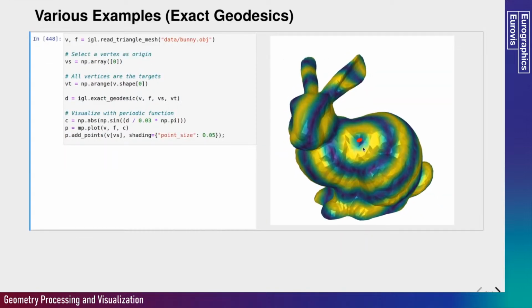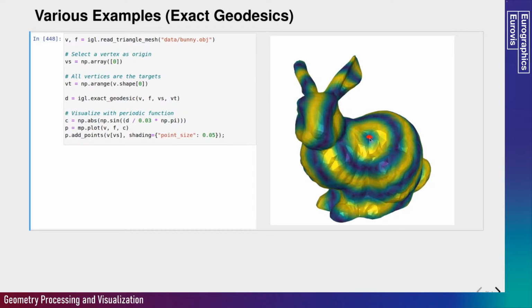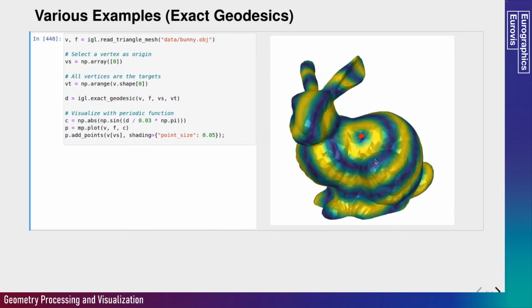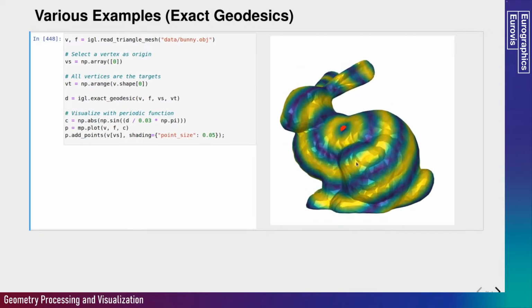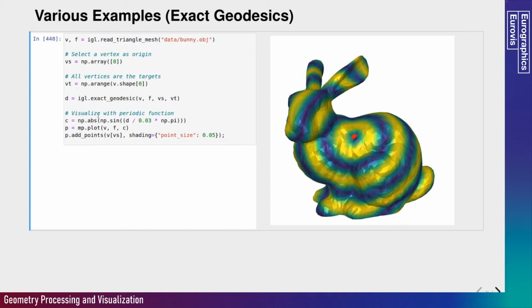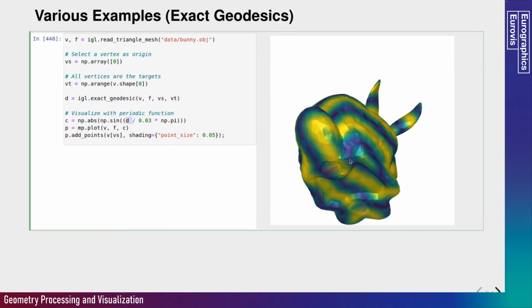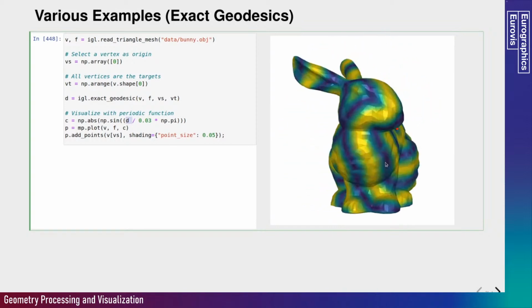So here we have our origin vertex, and now we get distances to all other vertices of our geometry by calling this function. And we color code these distances by parameterizing this periodic function here with the distance to the according vertex, and we see that this works quite well to give all the distances to all other vertices.